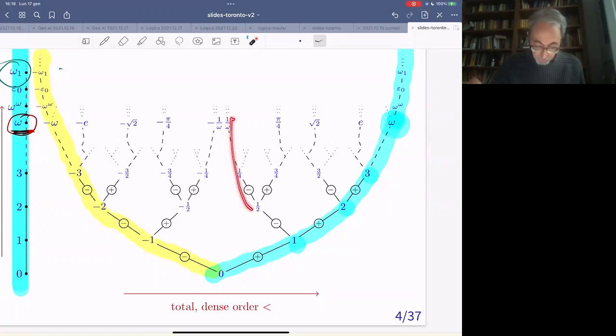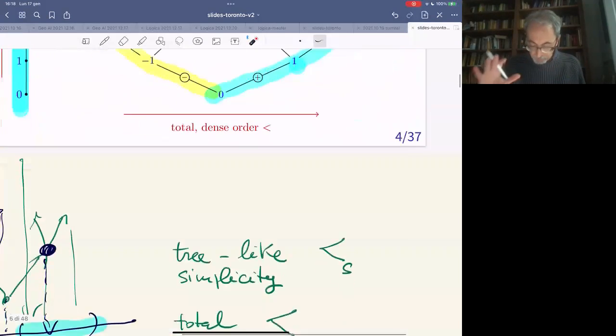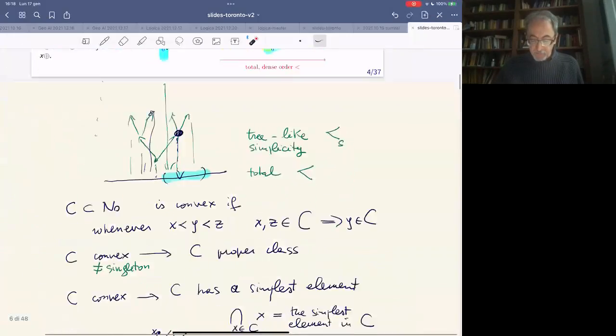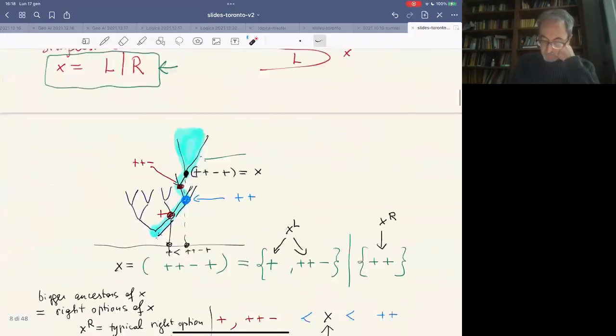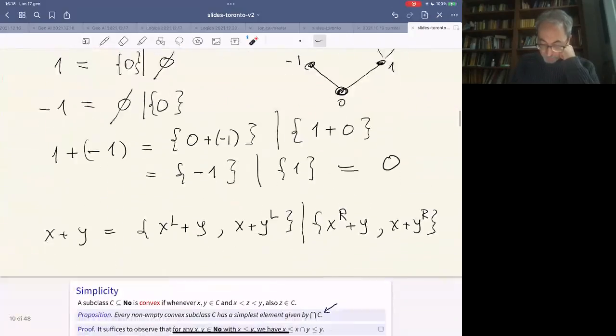Of course, then you arrive at a limit level and things become complicated. I'm not able to do these computations myself. As I say, there is a better representation of surreal numbers for which it will be much simpler to do computations.